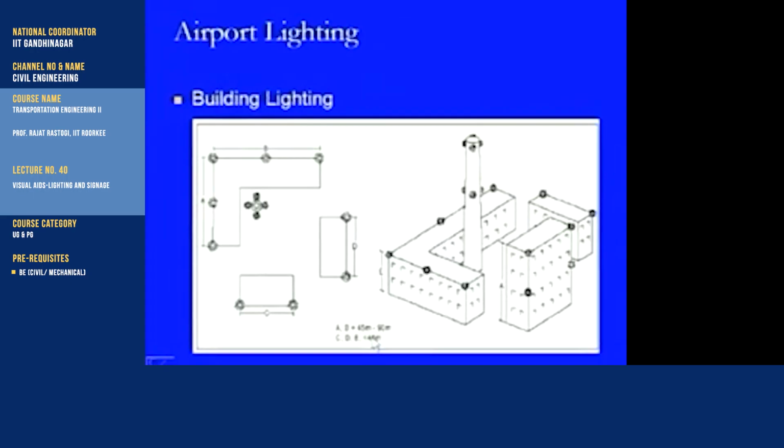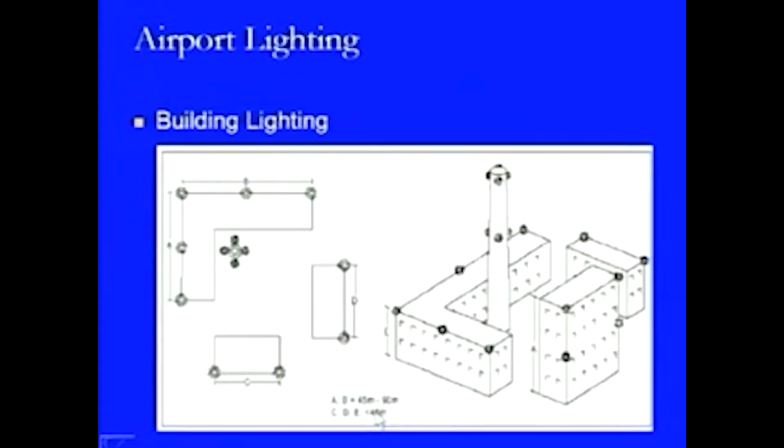This is one typical figure which tries to define how the lights are located in the case of a building. What we can see in this is a plan of that building. So, the plan of this one and the plan of the other one is defined here. In this case, if A or B is 45 meters to 90 meters, then we have 3 lights located this way.